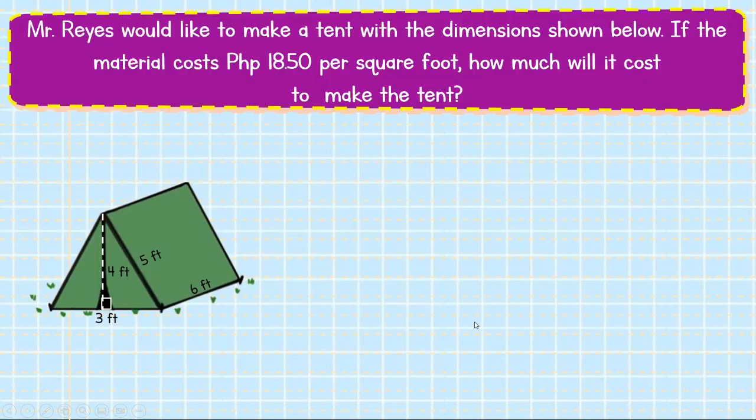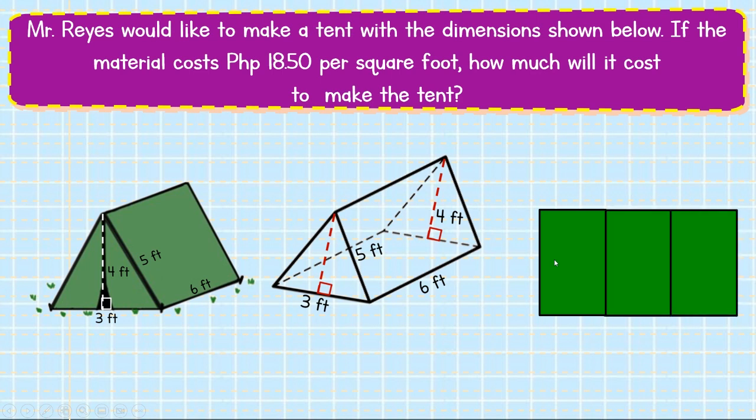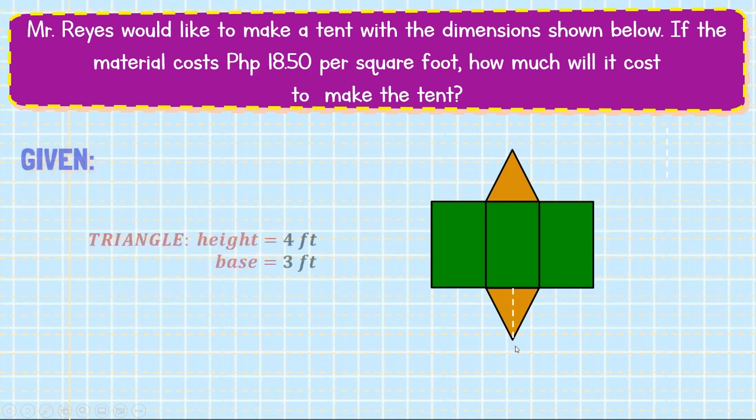Now, to make this one easier to see, the dimension of the tent, this would be the illustration. And if we use the net figure of the tent, this should be the net figure of the tent. Okay, so the triangular height of the tent is 4 feet, and we have the base of 3 feet.